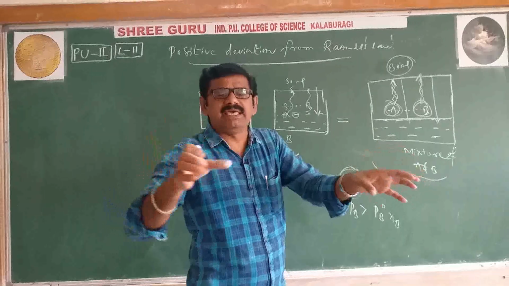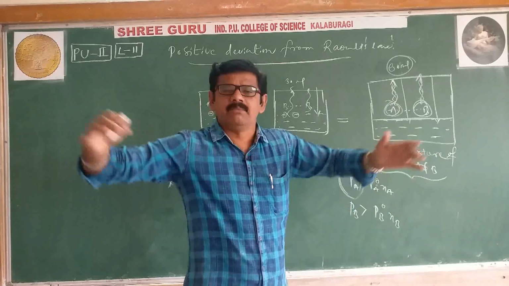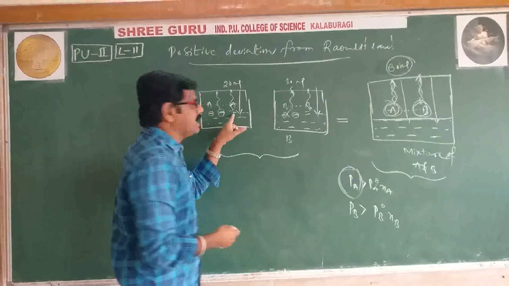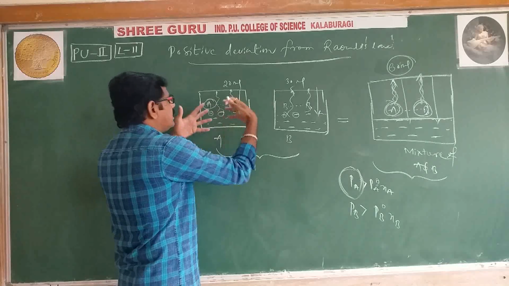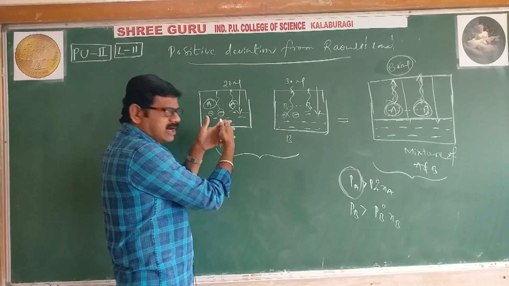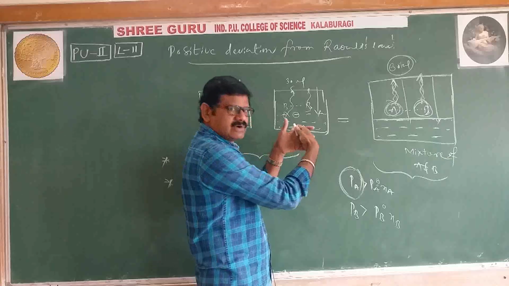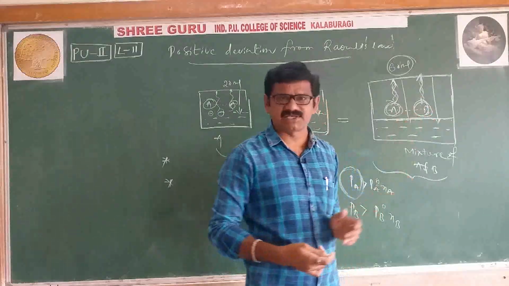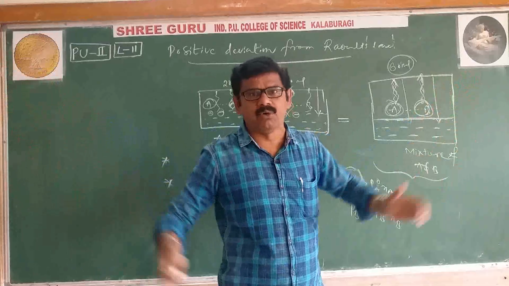Between A and B, fewer attraction forces are there, so they occupy more volume. What about A and A? Between A and A, attraction forces are strong. That's why they occupy less volume. Here also they occupy less volume. But after mixing, because of weak attraction forces, they occupy more volume.